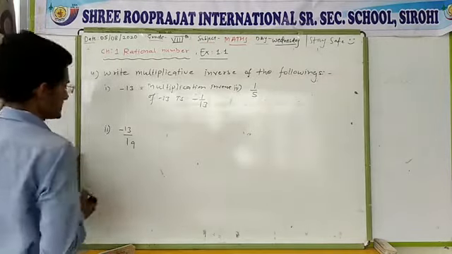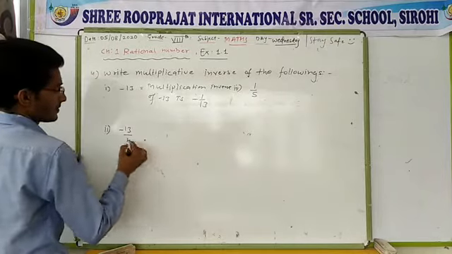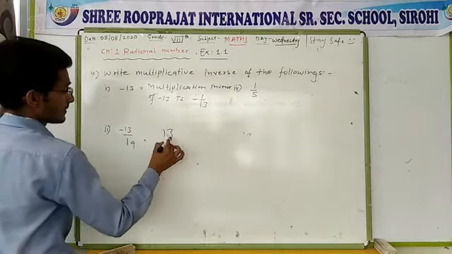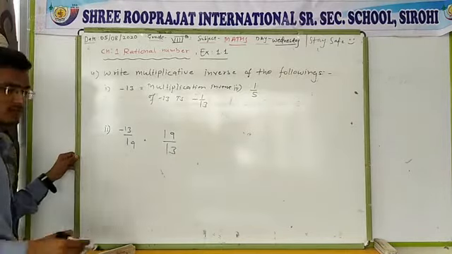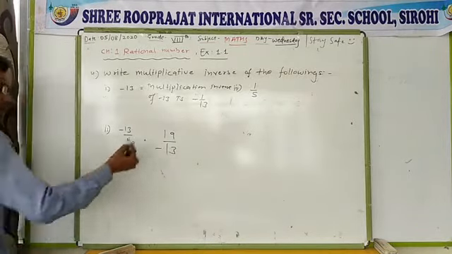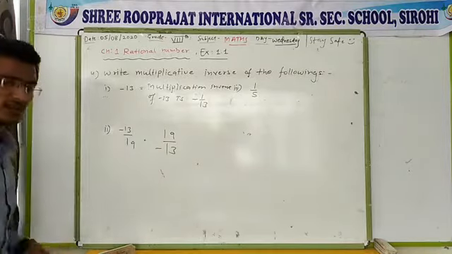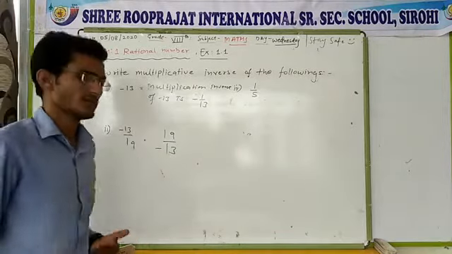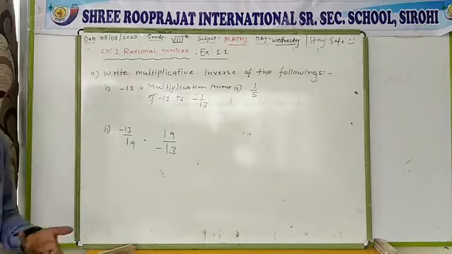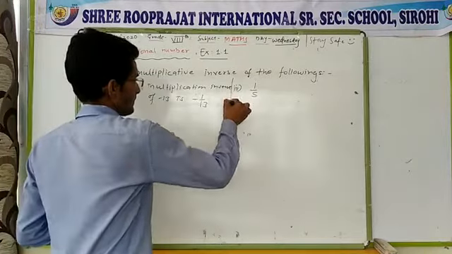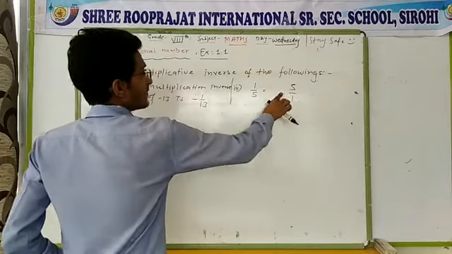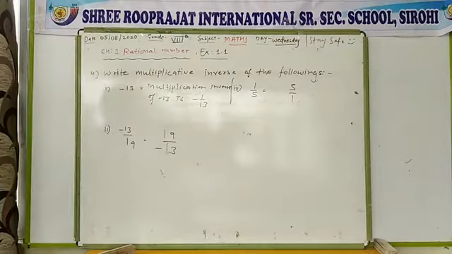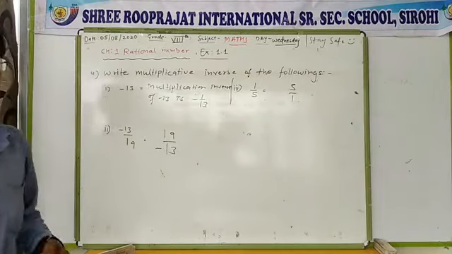Okay, next one, 90 upon 13. It is a negative number, so you have to put a negative sign. You can even put it in front of 90. The value of 13 by 19 remains the same. Yes, minus 1 by 5, it will be 5 by 1. Okay, so solve question number 4 in your book, I mean notebook.